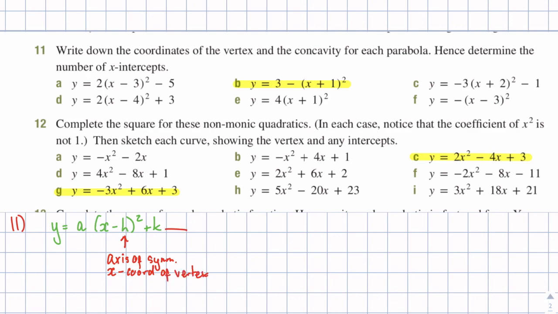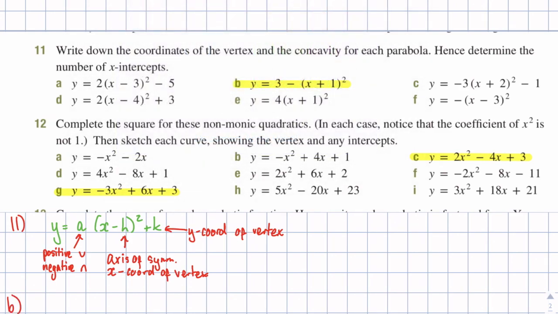And the k is the y-coordinate of the vertex. And if a is positive, it's concave up, and if a is negative, it's concave down.